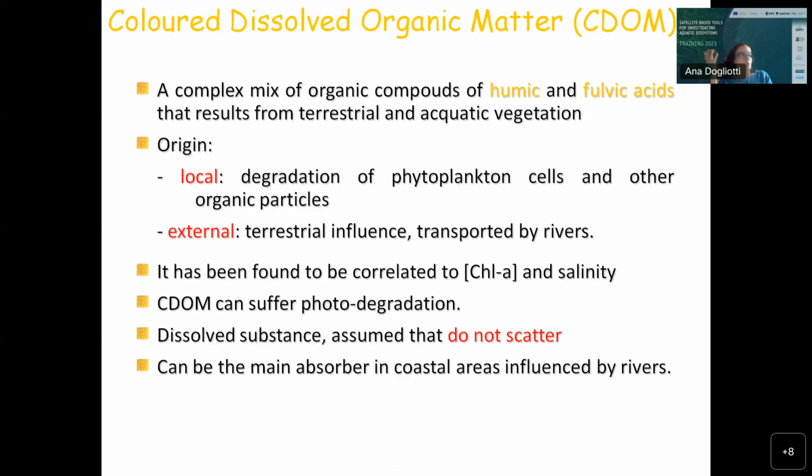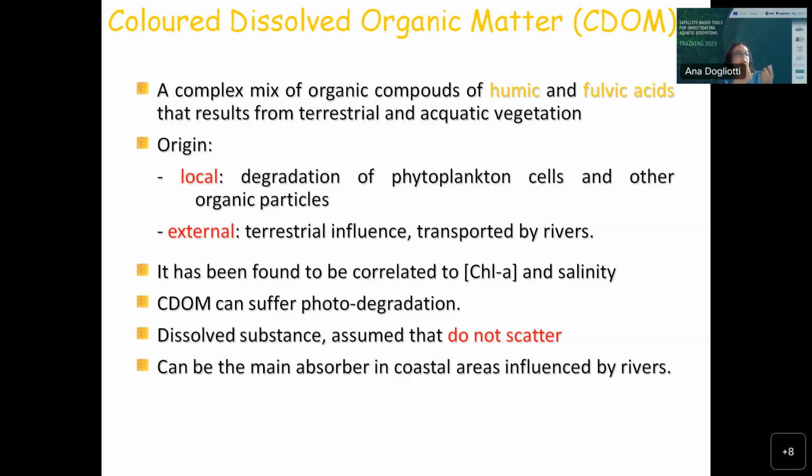If you ever watered a plant and saw the water coming out after passing through the earth, you see this yellowish color of the water. That's basically what we call yellow substance, because it's mainly dissolved substances that have an organic origin.